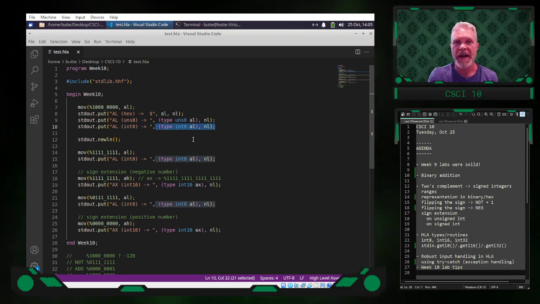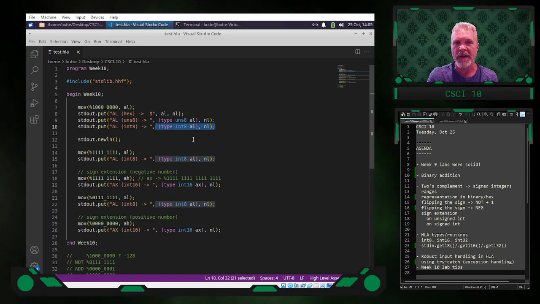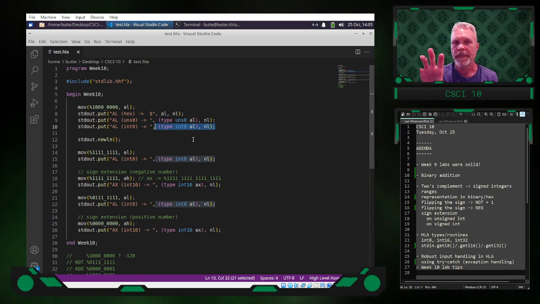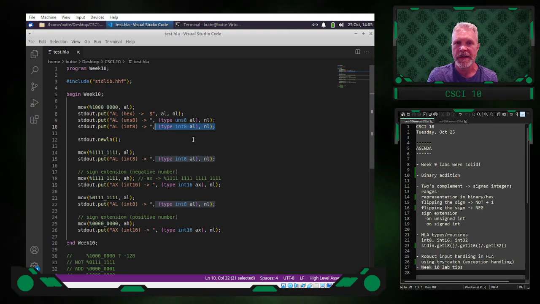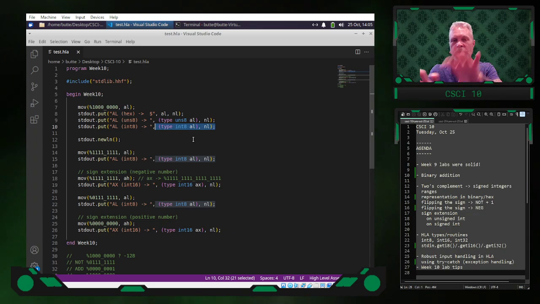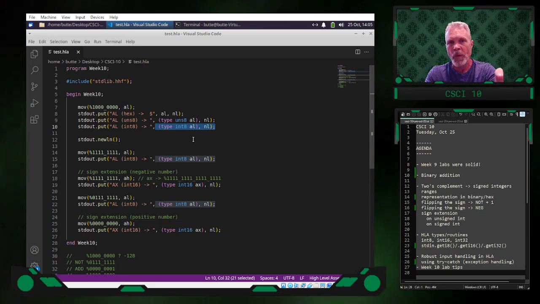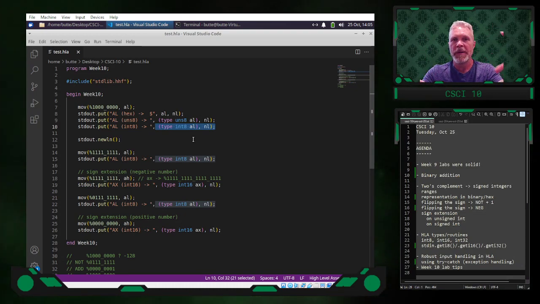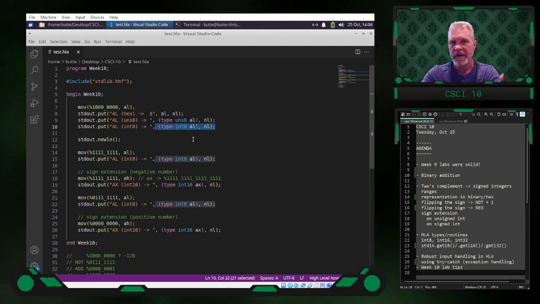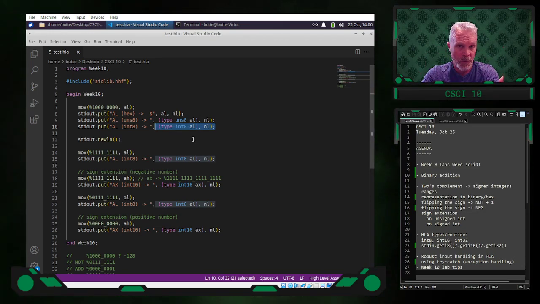So to sign extend an 8-bit value in AL, if you have a negative 8-bit value in AL and you want to promote it up to being a 16-bit value, then you load up all ones into AH. Now you have AX that is bigger but still maintains the original value that you were representing in 8 bits, but now you have extra space to do more work.